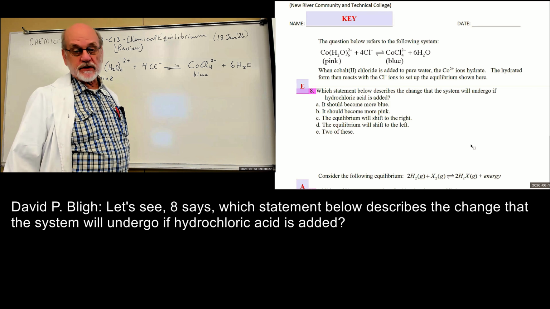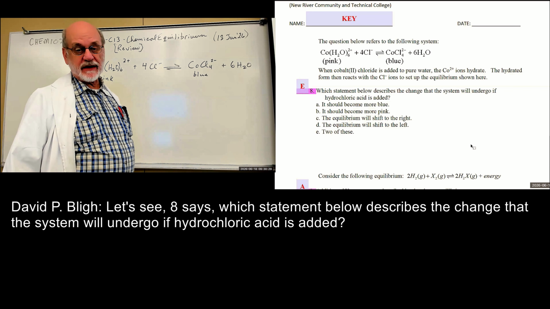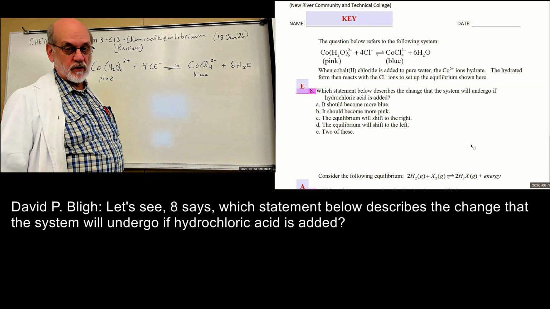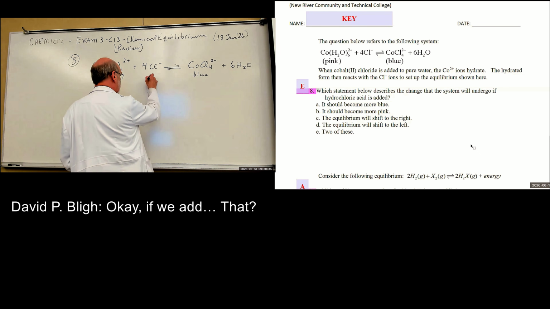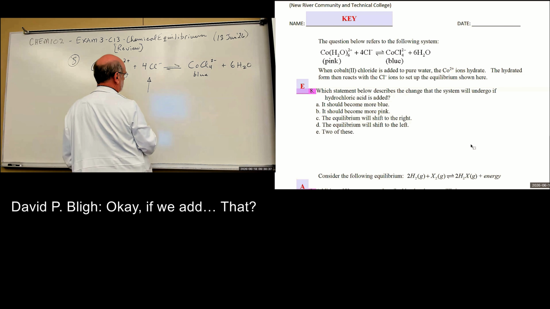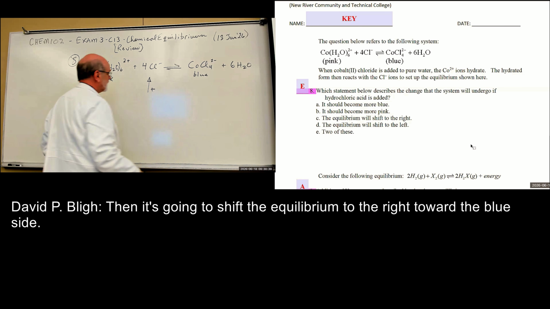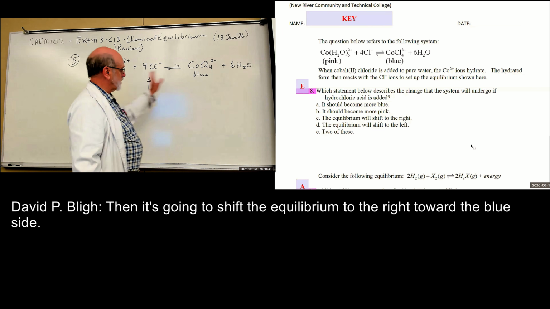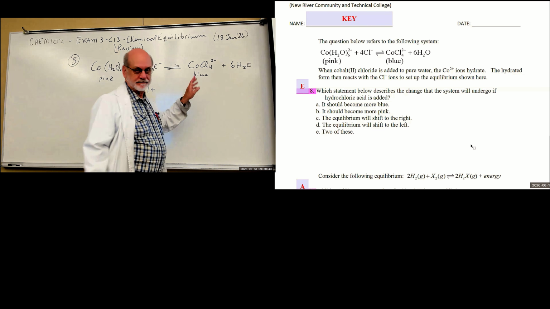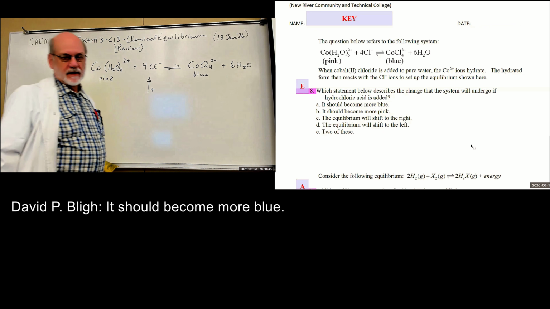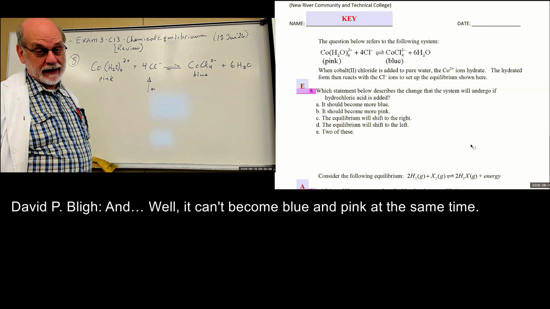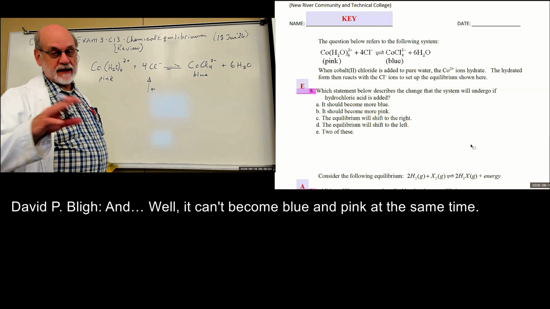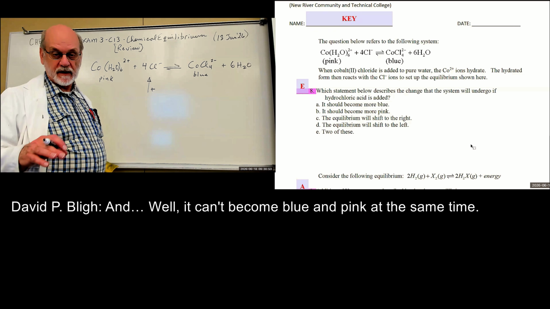Let's see. 8 says, which statement below describes the change that the system will undergo if hydrochloric acid is added? Okay. If we add that, then it's going to shift the equilibrium to the right toward the blue side. Right? It should become more blue. And, well, it can't become blue and pink at the same time.